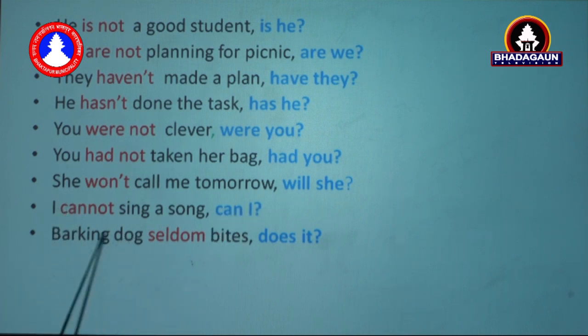Barking dog is not a pronoun; this is a noun. In a tag question we use only pronouns, that's why you have to change this subject into a pronoun to add the tag. Barking dog, an animal, singular, so it. Seldom is negative, bites is verb, so does it. We will discuss this type of question later on also.